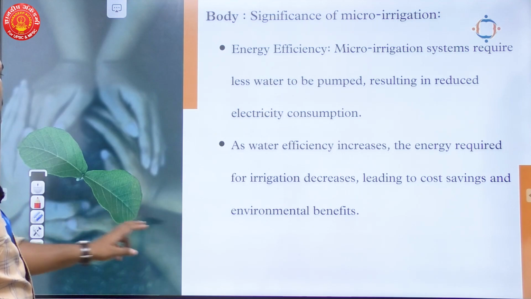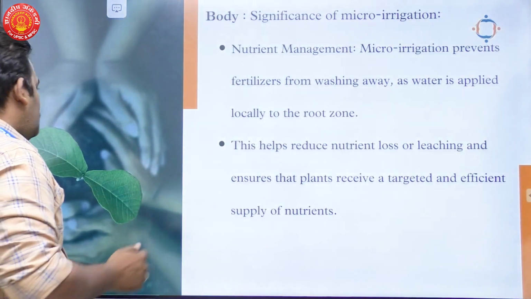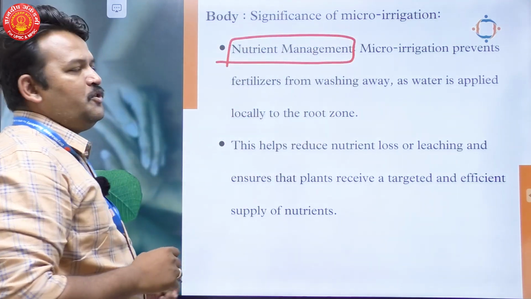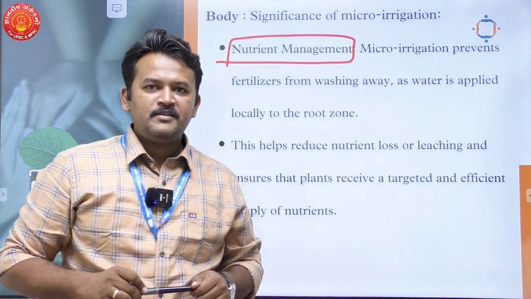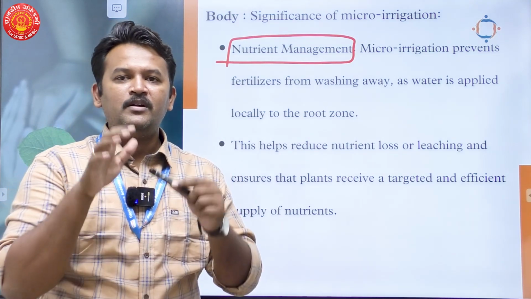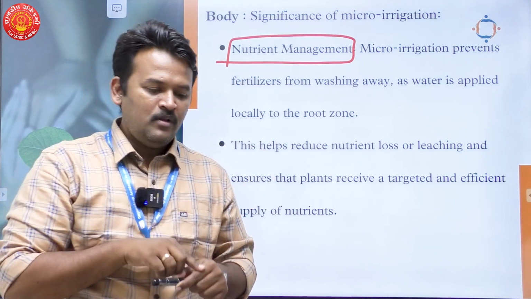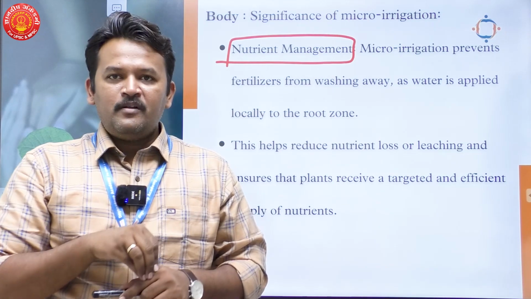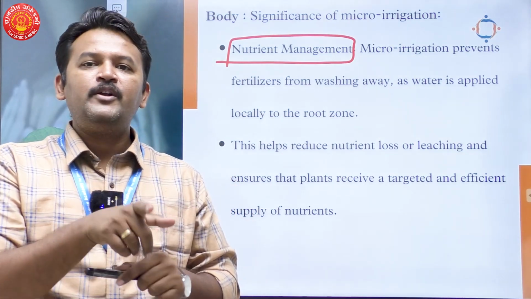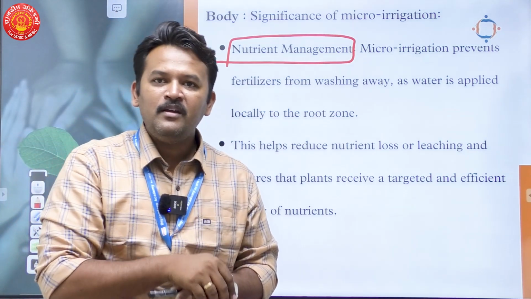Moving toward the fourth point, which focuses on nutrient management. Through micro irrigation facilities, we can apply fertilizers directly to the root zone of the plant. Here, along with saving water, we are also going to save some nutrients and fertilizers.